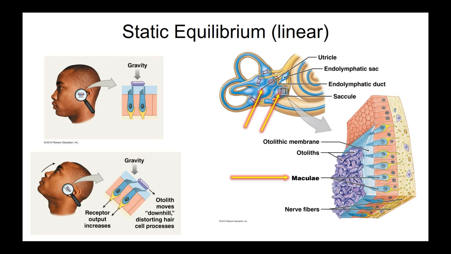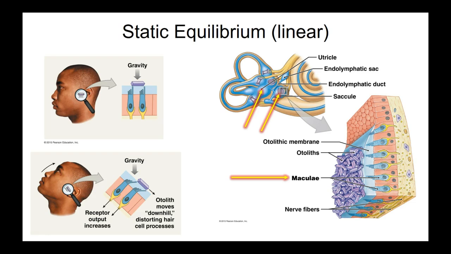All right, so here, even though it's giving an example of how these otoliths and otolithic membrane, these hair cells function when you move your head, nodding up, down, and side to side, it's not the only part of the equilibrium system being activated in this type of motion.